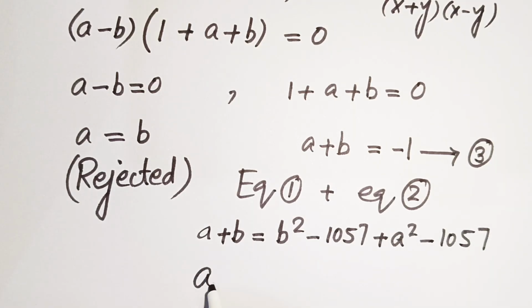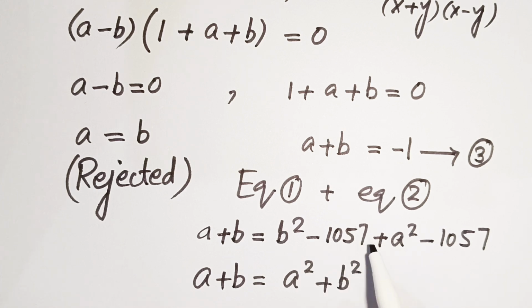So a plus b is equal to a squared plus b squared minus 1057 minus 1057, which is minus 2114.